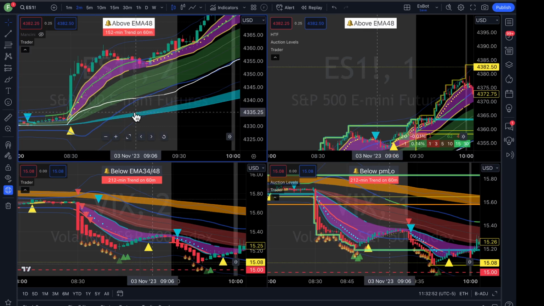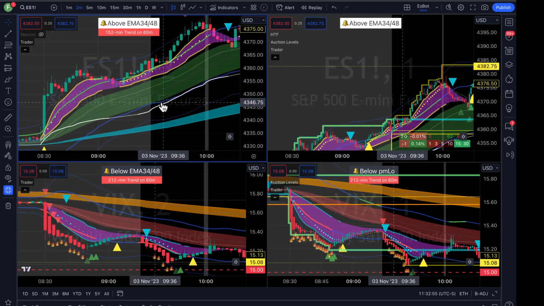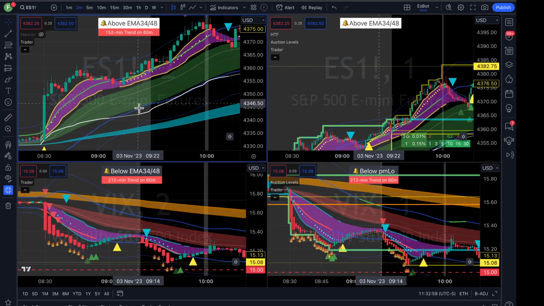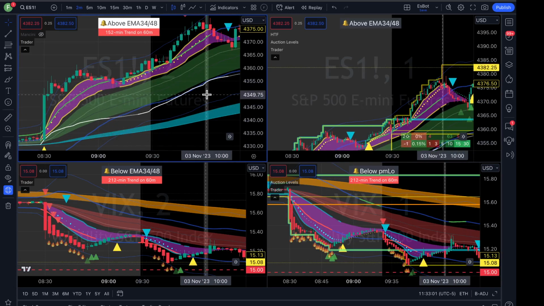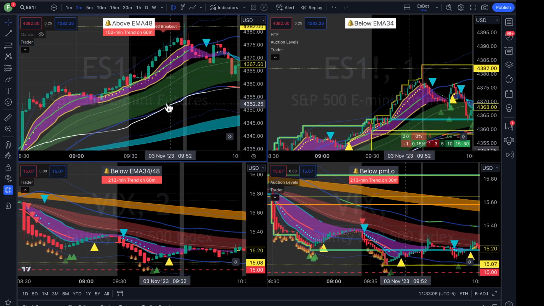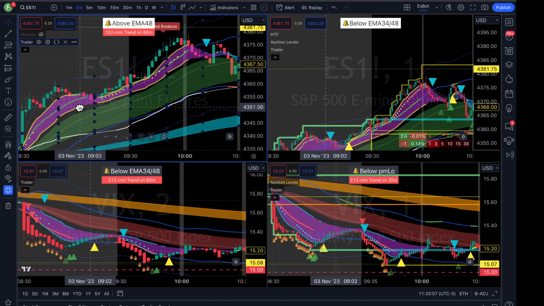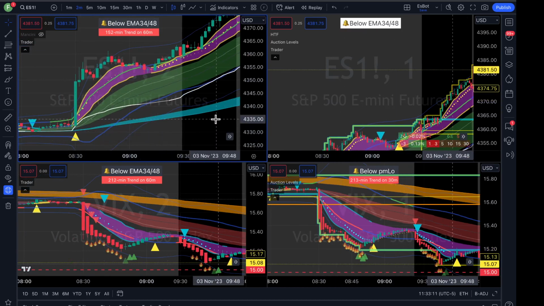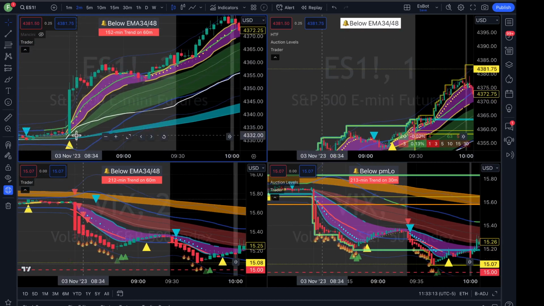You're not going to do that with options unless you're on Interactive Brokers. They let you do SPX before market open. But let's say this happens during the daytime, during the regular trading hours.